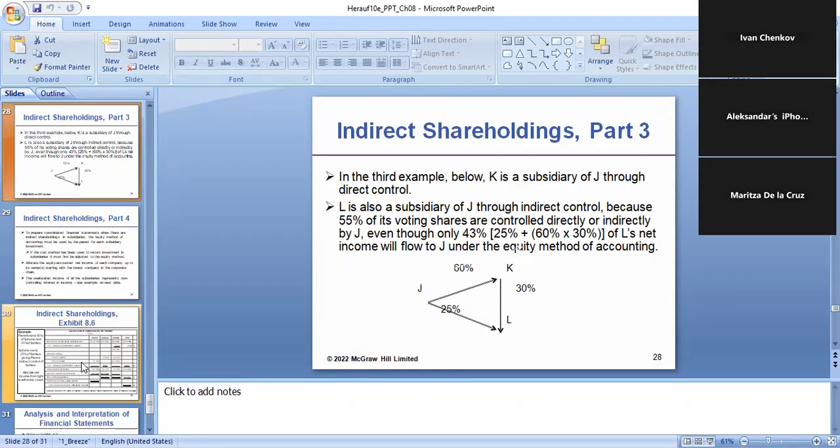Significant influence. J has significant influence in L. Now, K owns 30% of L.